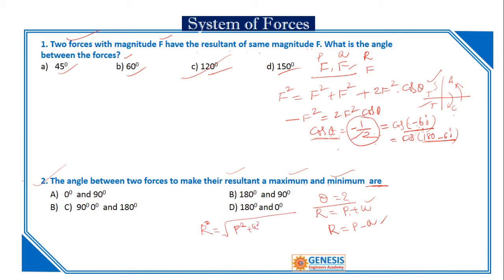If theta is equal to 0, cos 0 is equal to 1, then R is equal to P plus Q. It is a maximum. If theta is equal to 90, then cos 90 is equal to 0, then this is the root of P square plus Q square.